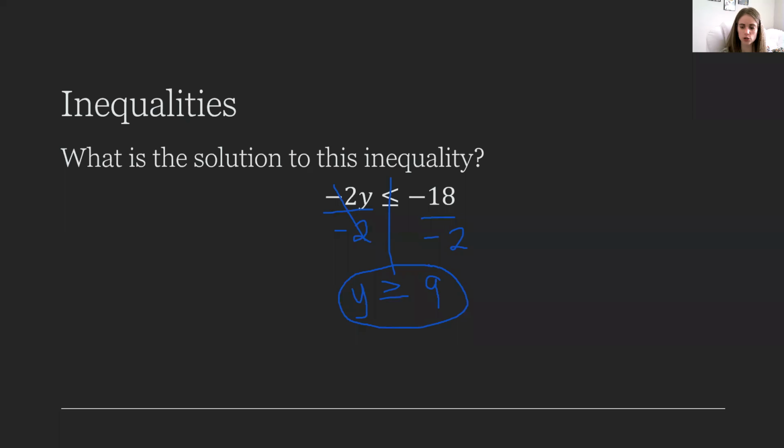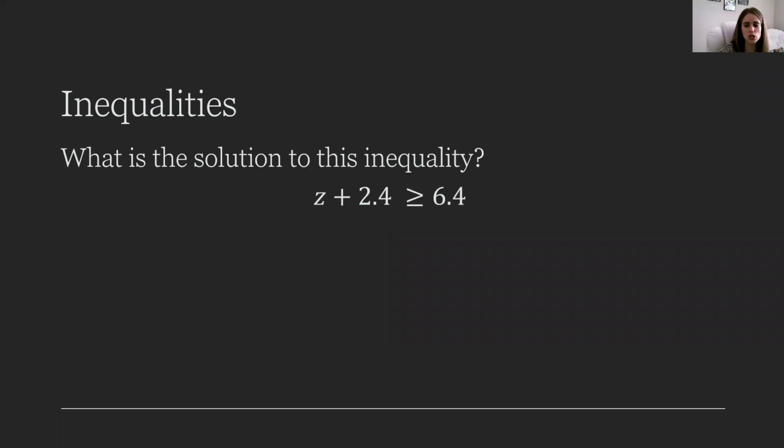Get to our final problem. Sometimes you will get equations or inequalities with decimals for numbers. That's okay. We are going to solve them the exact same. We just may need to do our work off to the side. It might not be as easy to do in your head. z plus 2 4/10 is greater than or equal to 6 4/10. Focus in, our entire goal is to get that z by itself.